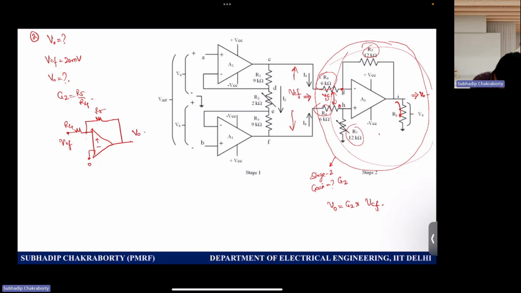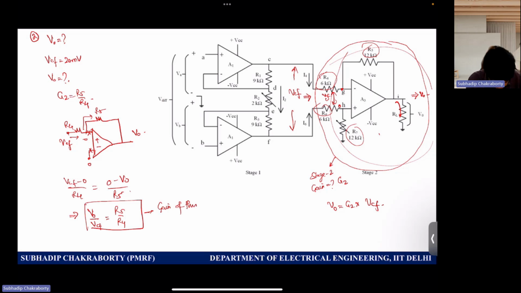Now you know this one is 0, so VCF minus 0 by R4 should be equal to, since no current can enter here, so the current will go like this, and this current will be nothing but 0 minus V0 by R5. Okay, so we have V0 by VCF equal to R5 by R4. So this is nothing but the gain of this stage. So the gain of this stage is already determined, which is R5 by R4.